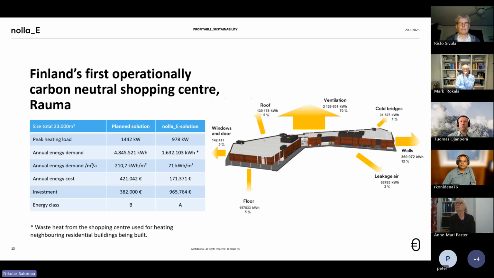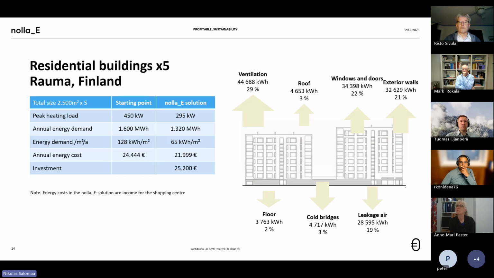But why we call this shopping center carbon neutral is that the same builder who built the shopping center also built 5 residential apartment buildings next to it. And those 5 residential apartment buildings are designed to be heated to the extent of 97% by waste heat from the shopping center.